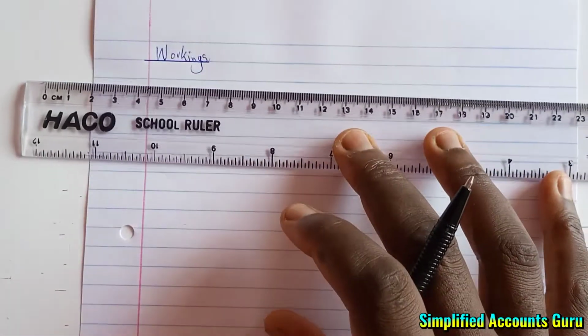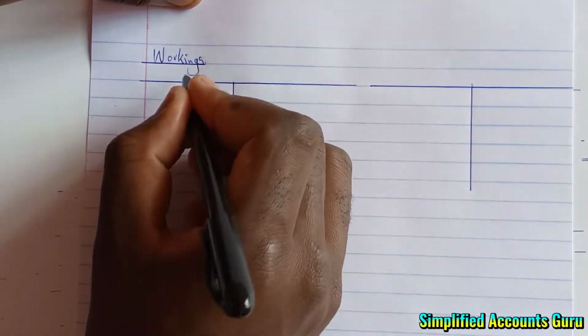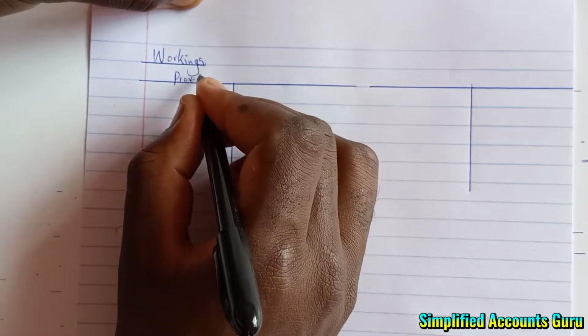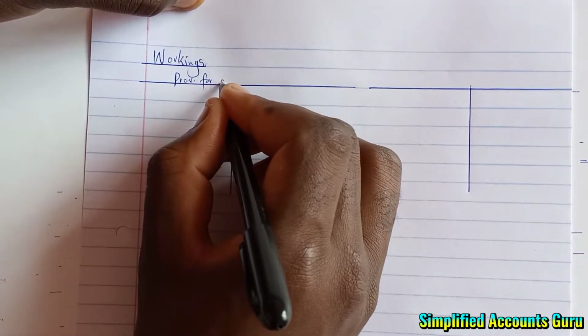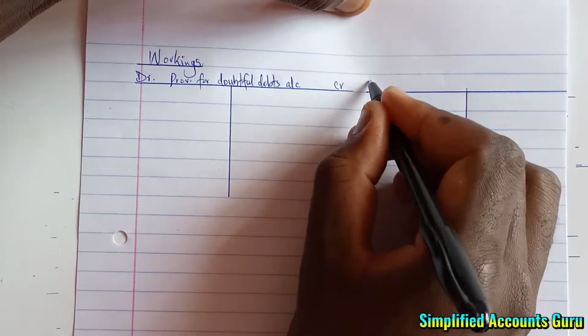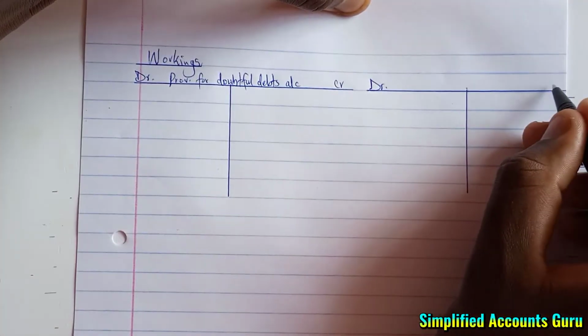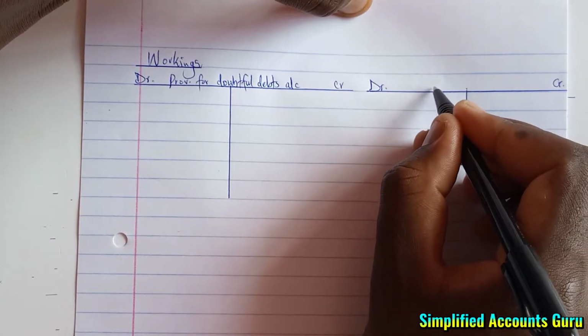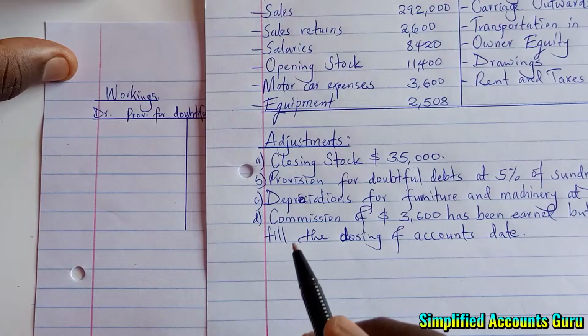So let us draw them and see how we can pass them under workings. Now the first one we can call provision for doubtful debts. We also have the debit side and credit side for this account, and this one we said should be the bad debts account.